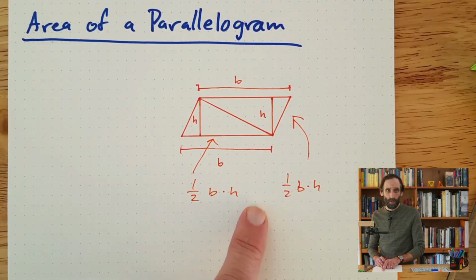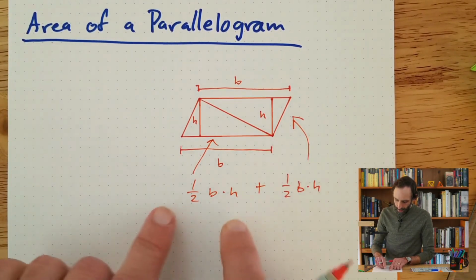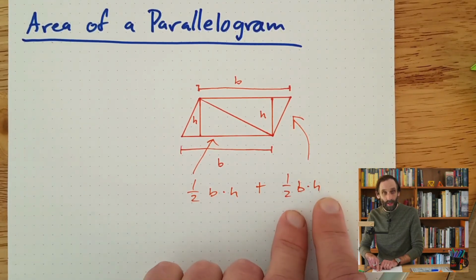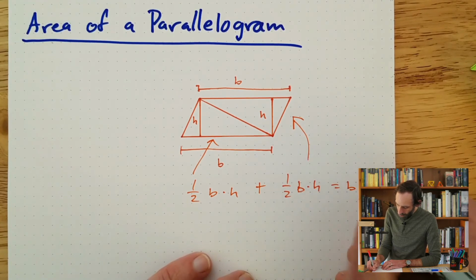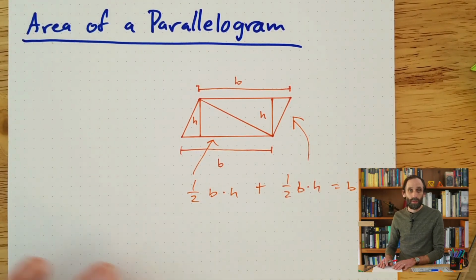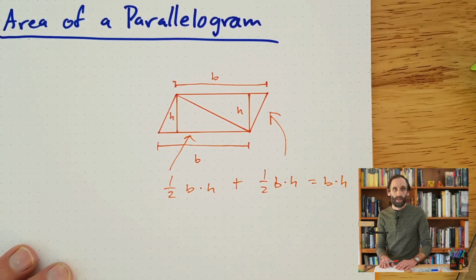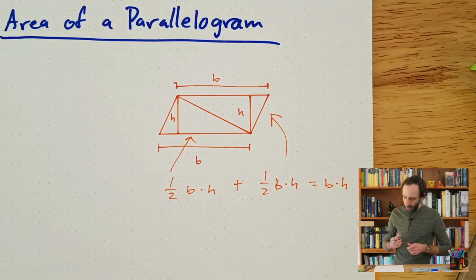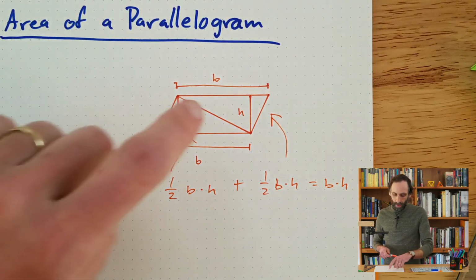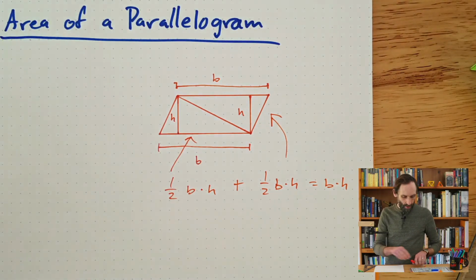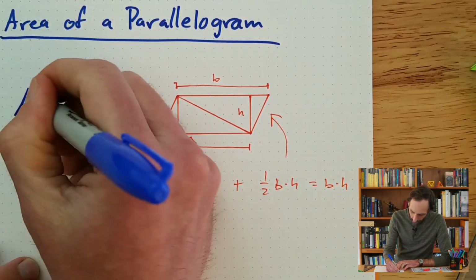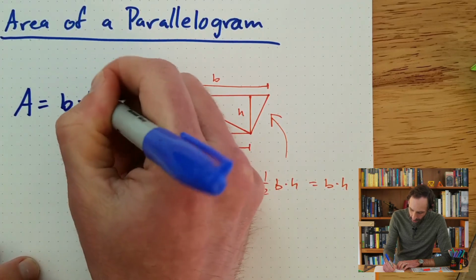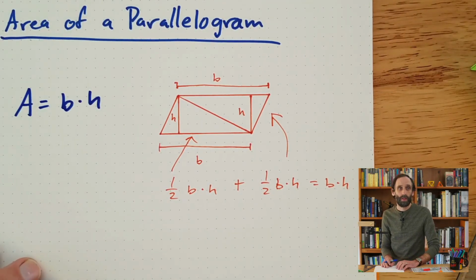Now, when I add these two together, 1/2 base times height plus 1/2 base times height, well, that's just going to equal base times height, right? So that's pretty simple in terms of verifying that the area of a parallelogram is just this. So the area of a parallelogram is the base times the height, okay?